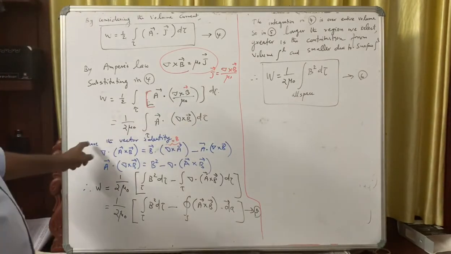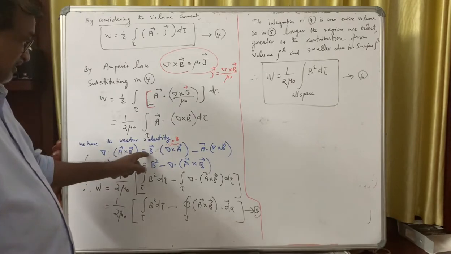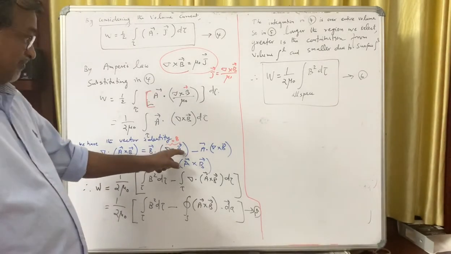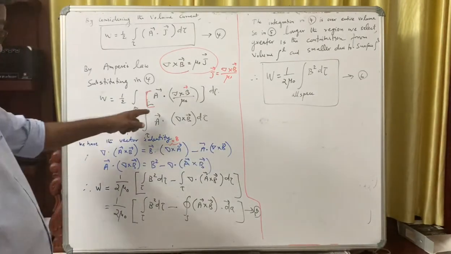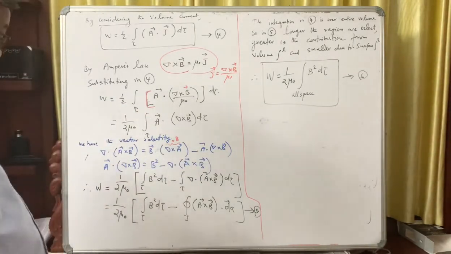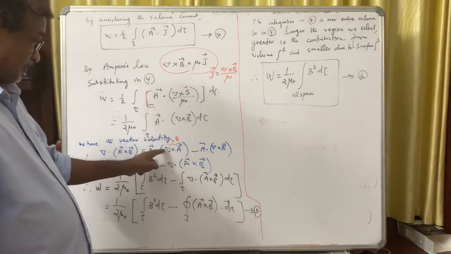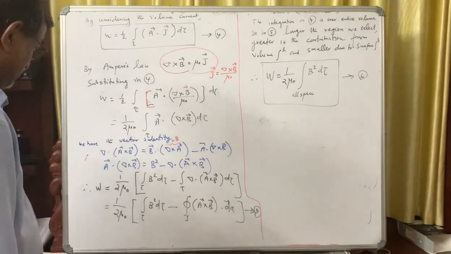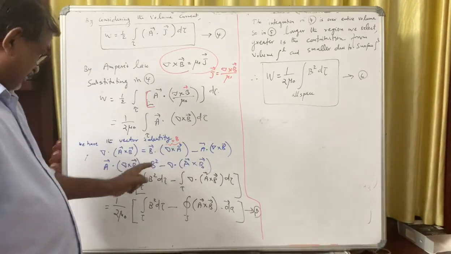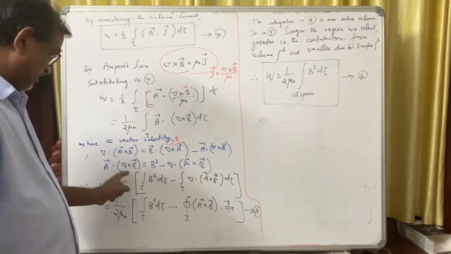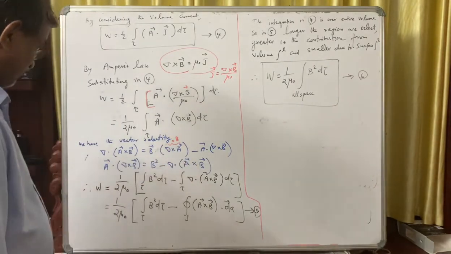From mathematics, we have the vector identity del dot (A cross B) is equal to B dot del cross A minus A dot del cross B. A is the vector potential and B is the magnetic field, and we know del cross A is B. Then from this relation, A dot del cross B can be written as B square minus del dot (A cross B).